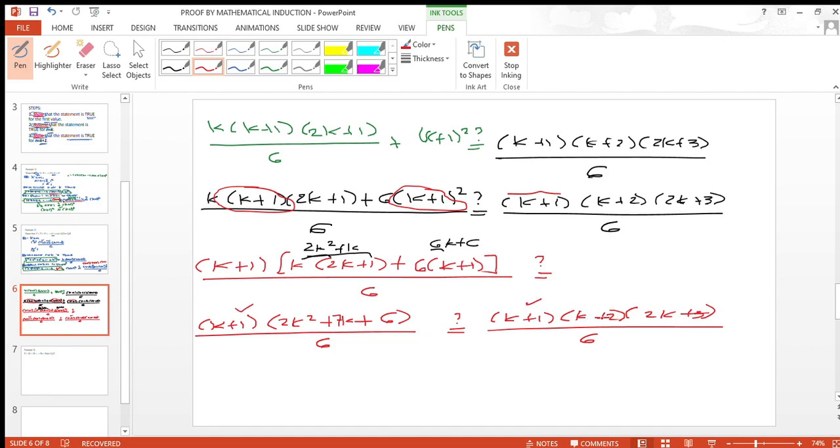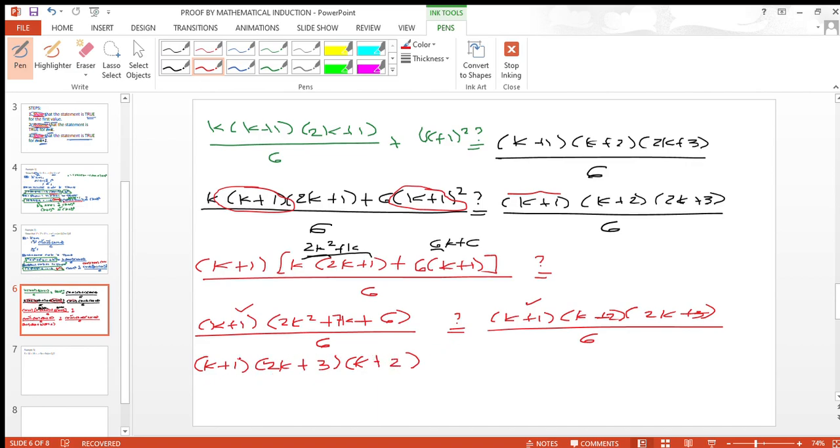This is a factored form, k plus 2, 2k plus 3. And look at this, we have a trinomial. Why don't we factor the trinomial? If we factor the trinomial by trial and error, the factors of 2k squared are 2k and k. Why don't we try those factors? We have plus 3 and then plus 2.